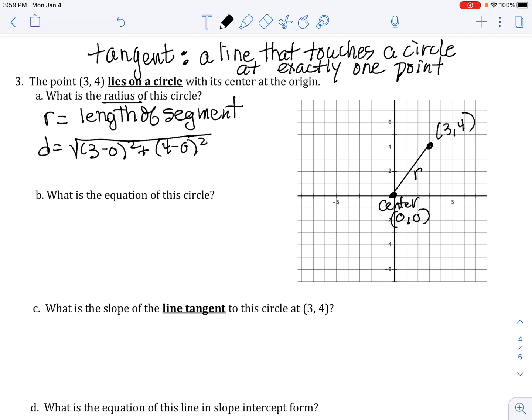I'm going to go ahead and pause and let you determine what that length is. Okay, so d equals the square root of 9 plus 16. Order of operations would tell us that you have to add first. So that's the square root of 25, which is 5.